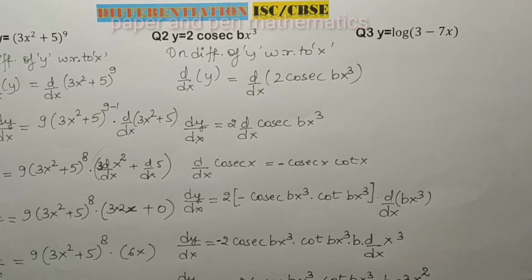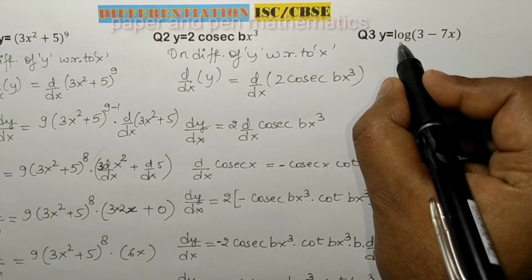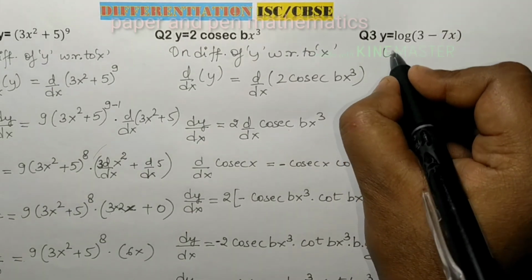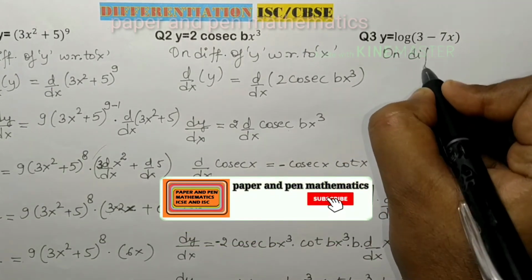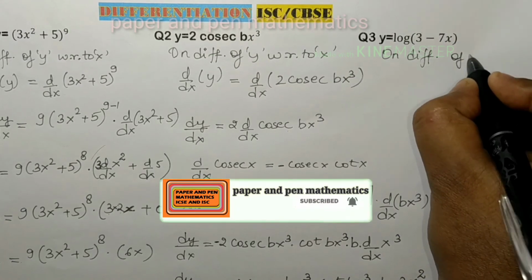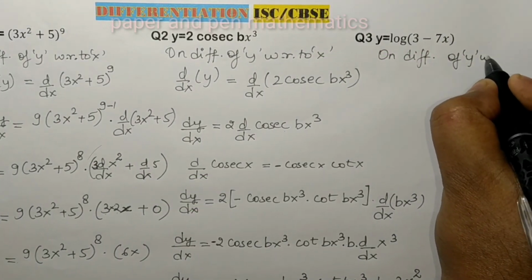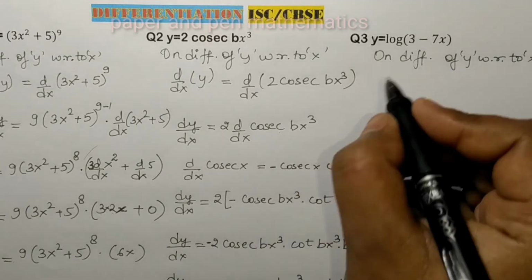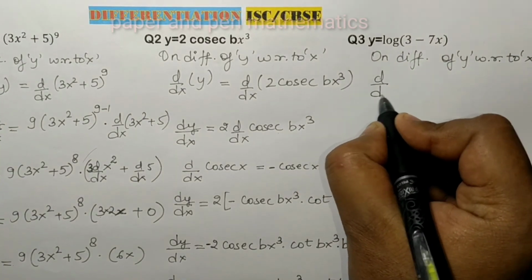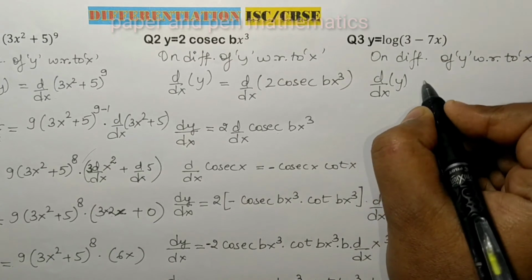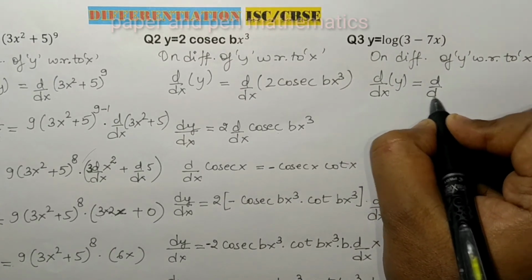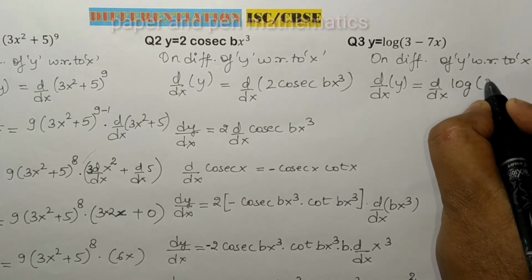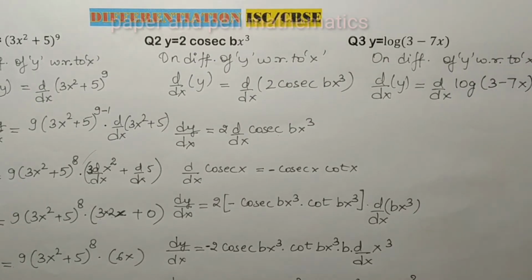Let's see the last question, which is y is equal to log of 3 minus 7x. So again, on differentiation of y with respect to x, so d by dx, that is differentiation of y, is equal to d by dx, differentiation of the logarithmic function, which is log of 3 minus 7x.